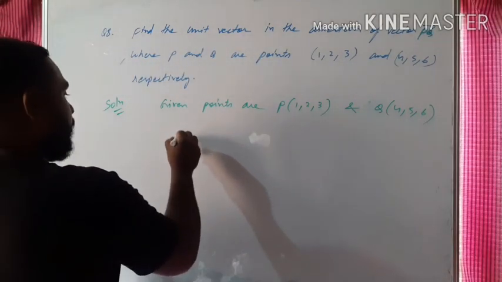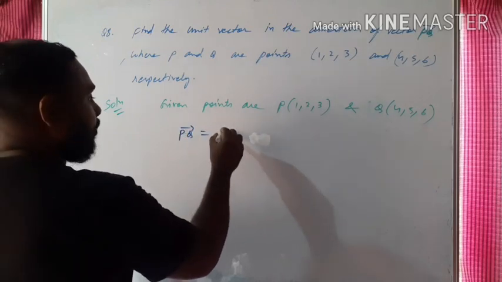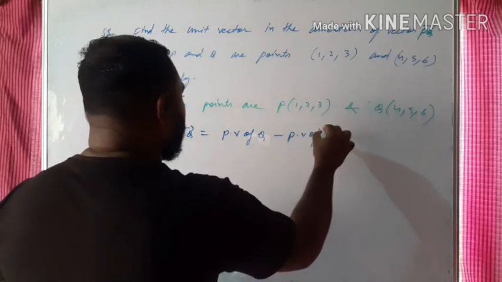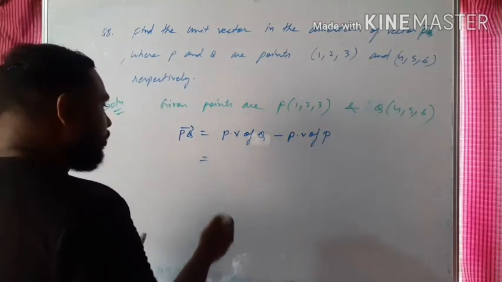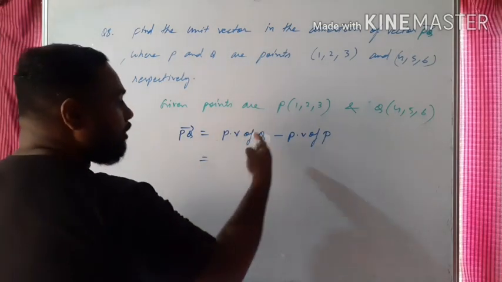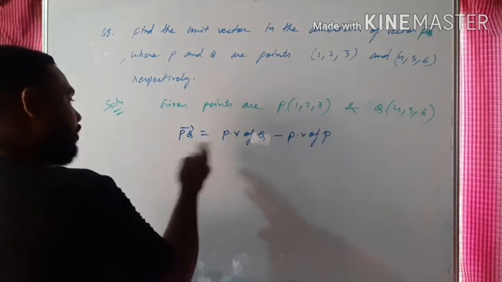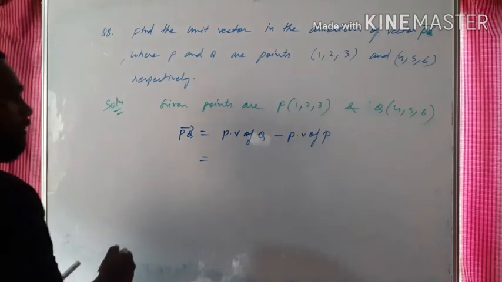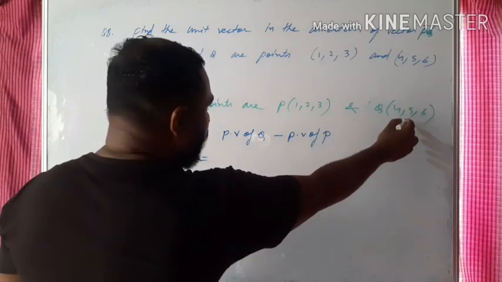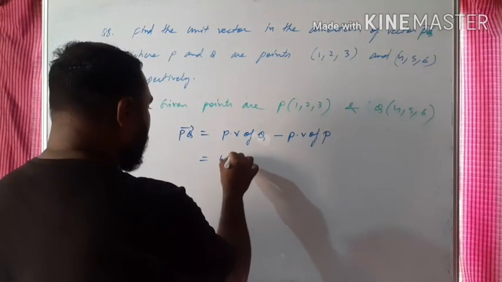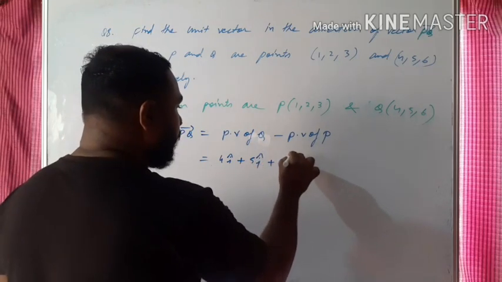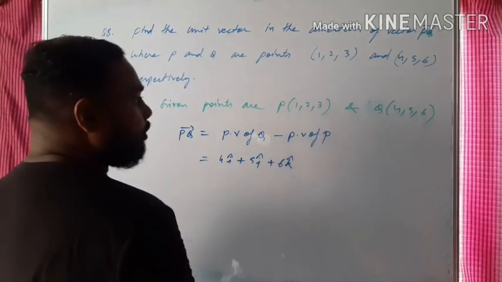If I want to find the PQ vector, I will have to use the formula, that is, position vector of Q minus position vector of P. So we know the formula: if AB is there, first of all we have to write position vector of B minus position vector of A. Likewise, here also. So the position vector of Q will be what? Just apply i, j, k along with those numbers and add them. That will be the position vector of that point.